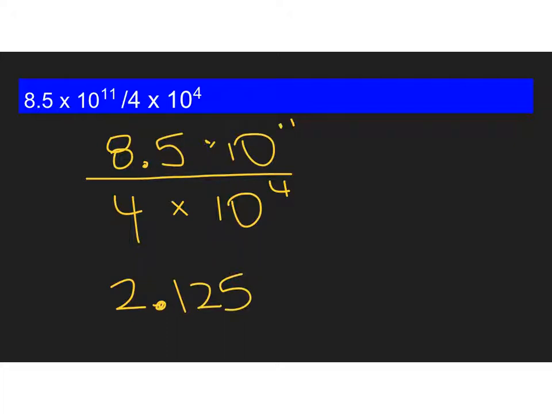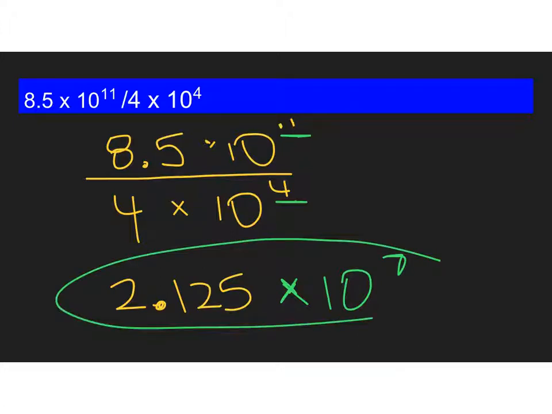Now, for your powers of 10, you're going to multiply this by 10 to the 11th power minus the 4th. 11 minus 4 is 7, so that would give us 10 to the 7th power. And your answer would be 2.125 times 10 to the 7th power. And you are good if you got that. If not, raise your hand and ask a question.